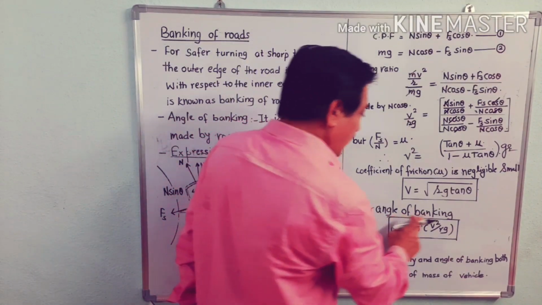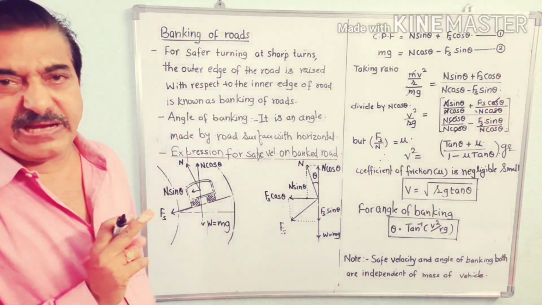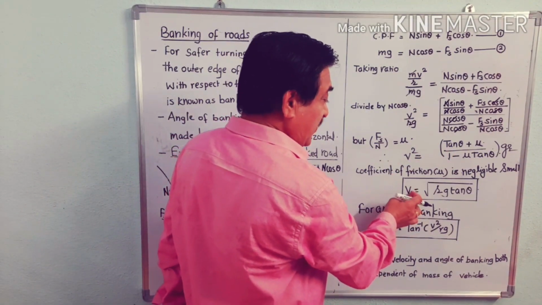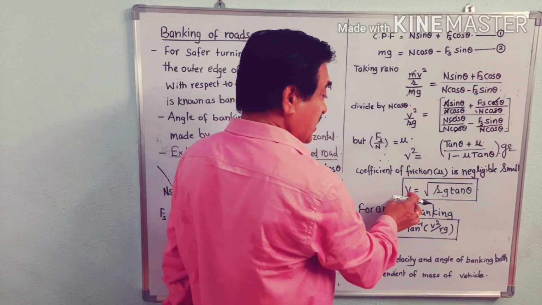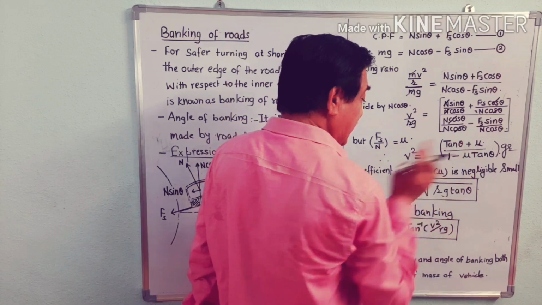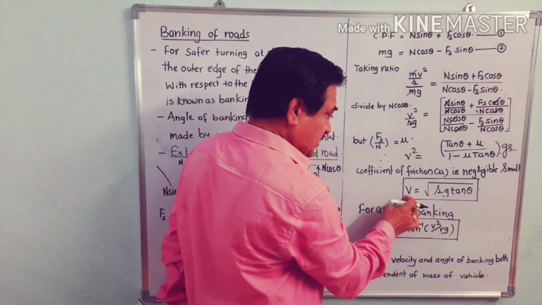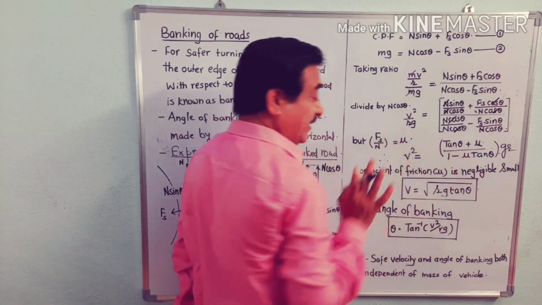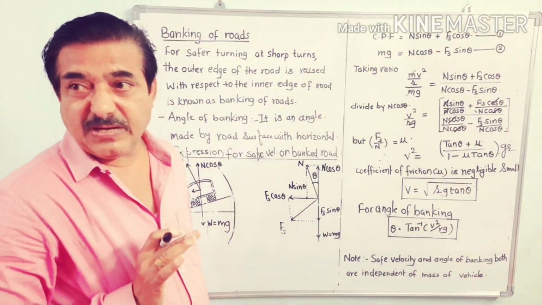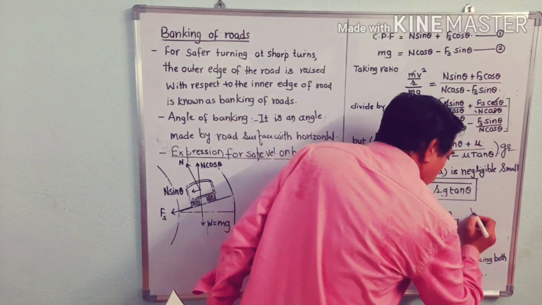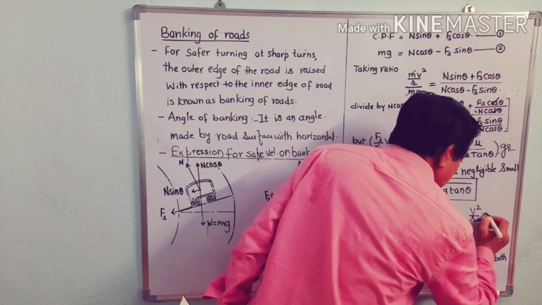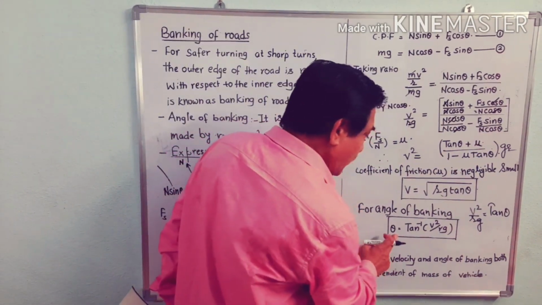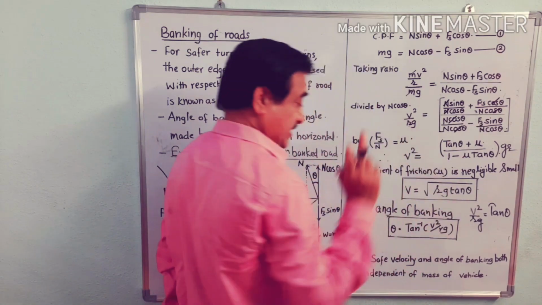So to find the angle of banking, if we rearrange the terms, that is squaring this equation, V square is equal to Rg tan theta, then this Rg is taken on this side, V square upon Rg is equal to tan theta, and theta is equal to tan inverse of V square upon Rg.